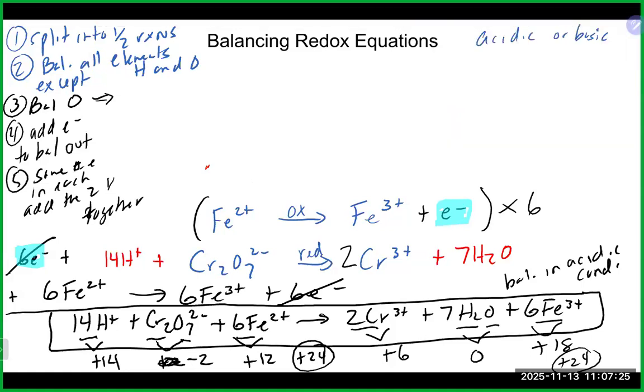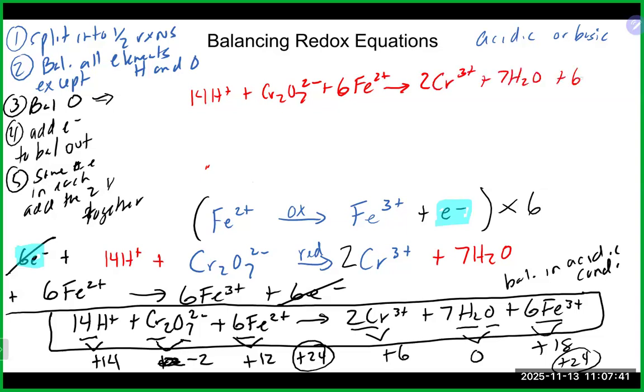So if I take my equation from the bottom there, I got 14 H+ plus Cr2O7 2- plus 6 Fe2+ goes to 2 Cr3+, 7 waters, and 6 Fe3+. So now I want to turn this guy into basic. To turn it into basic, we actually add OH- to both sides.